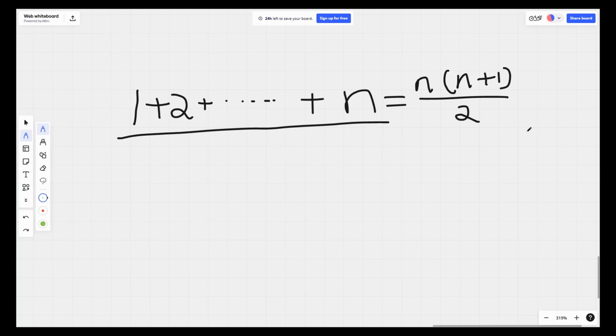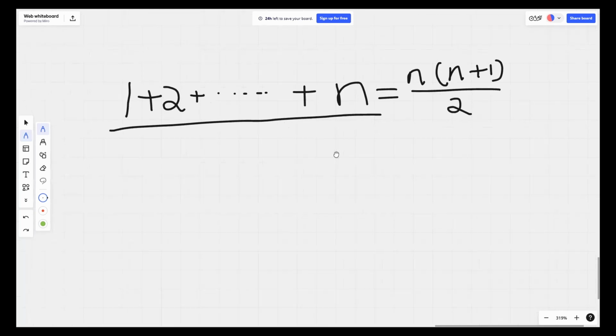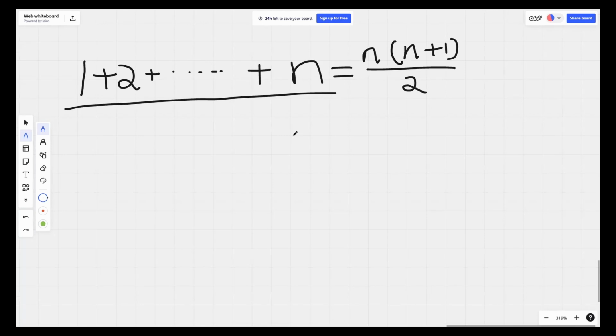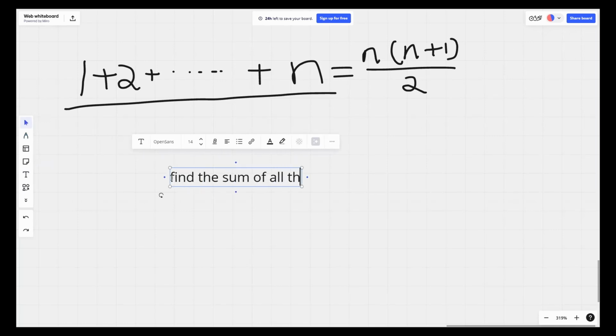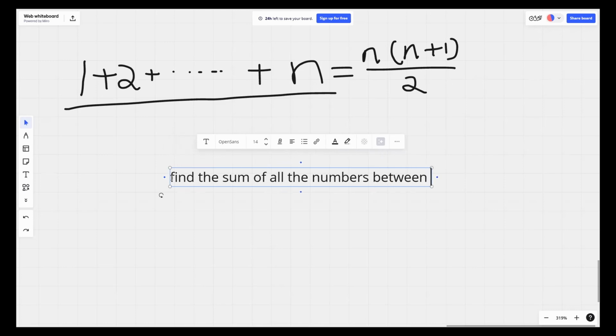So I'm going to give you guys a practice example now, and I want you to solve it yourself. I want you to apply this cool trick yourself. Find the sum of all the numbers, and the numbers will be integers, between 1 and, let's say, 1,000.